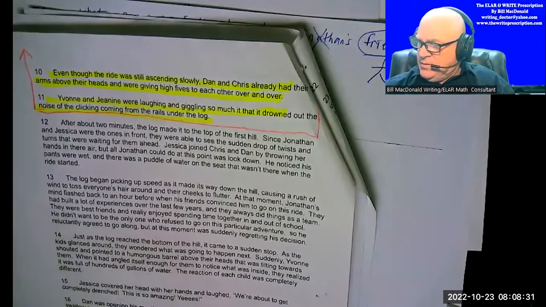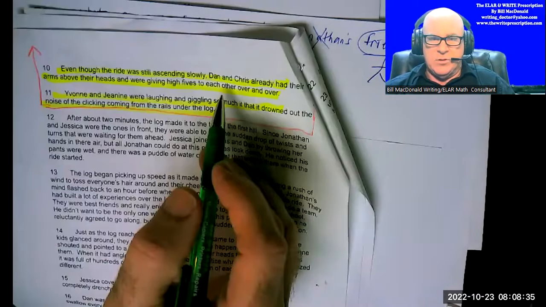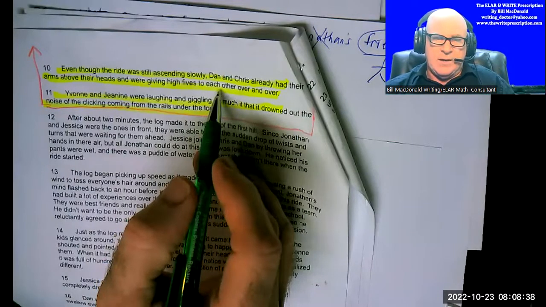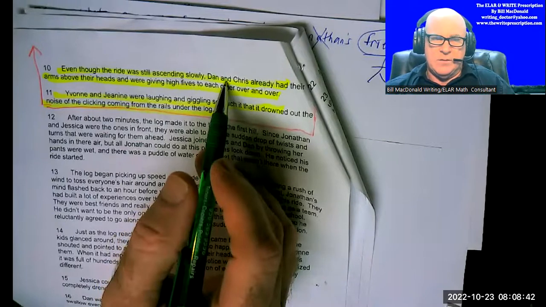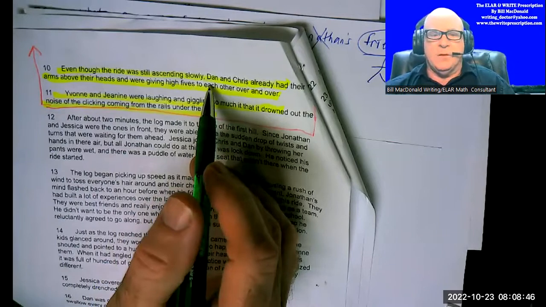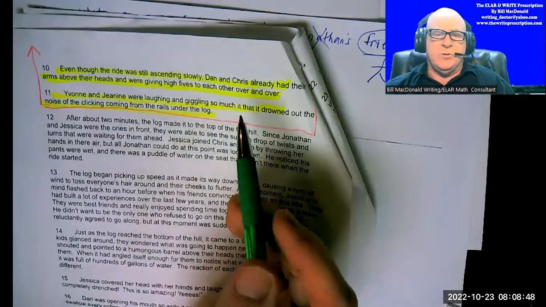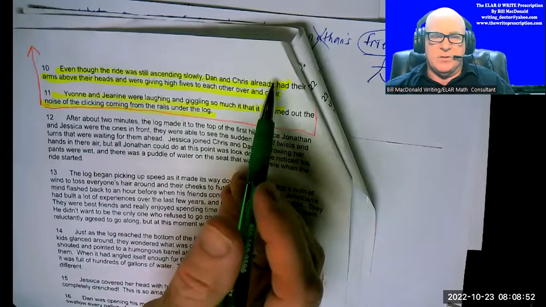So giving high fives to each other, that's a connection. And so these guys, their actions are using their hands and their arms to show their excitement. They're not paying attention to the others. They're all in different logs.